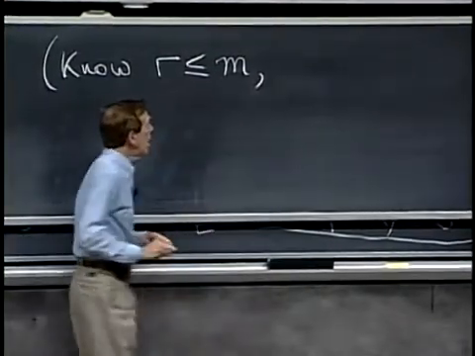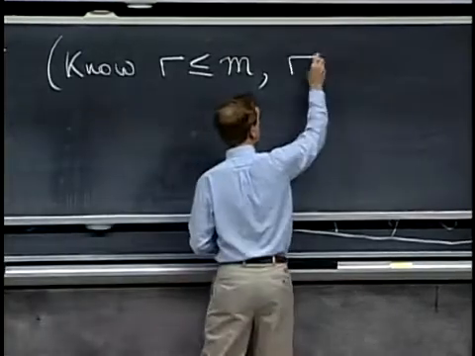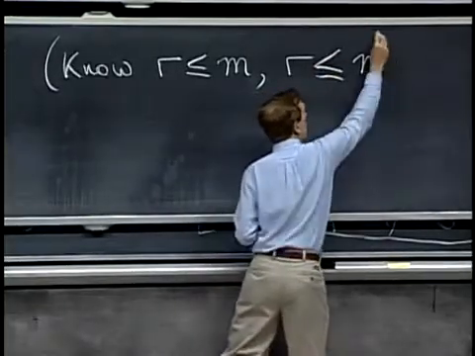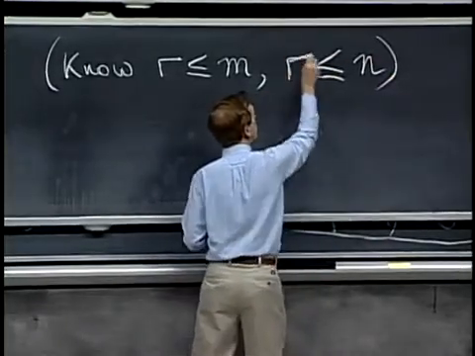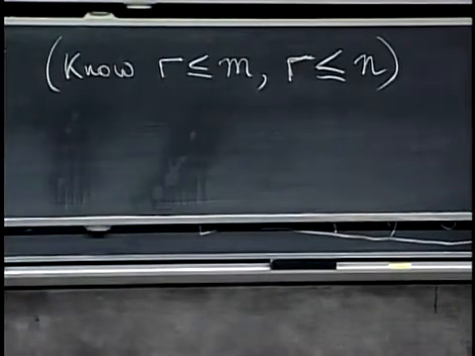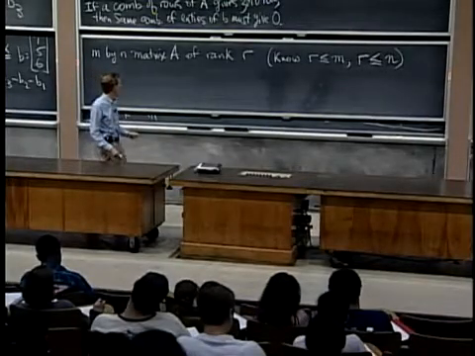Also, I've got N columns. So what's the relation between R and N? It's the same, less or equal, because a column can't have more than one pivot, so I can't have more than N pivots altogether. Okay.